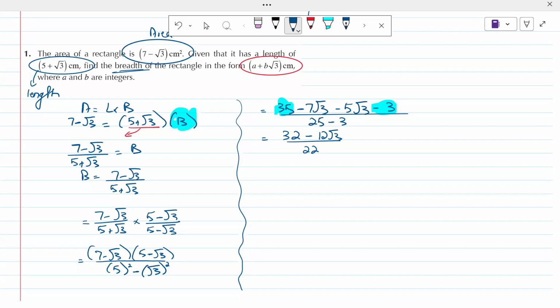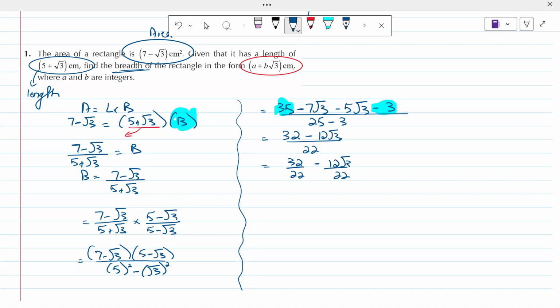But the required condition, if you may see, has separate numbers where a and b are the integers to be found. So we'll rewrite this as 32 upon 22 minus 12 root 3 upon 22 because this 22 divides both.